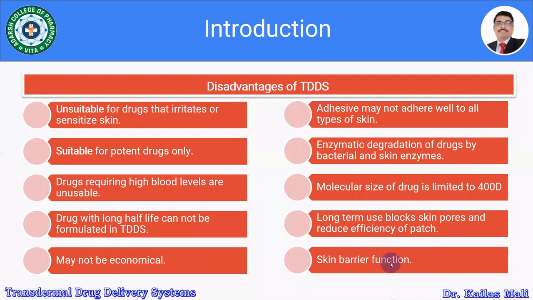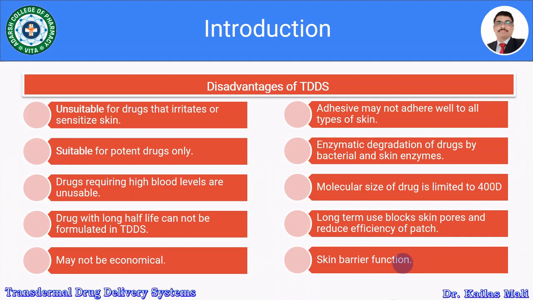And the last disadvantage, which is a very important one, is the skin barrier function. Skin is not going to give easy access to the drug. It is going to act as a barrier. There are various layers in the skin which restrict the entry of the drug into the systemic circulation.